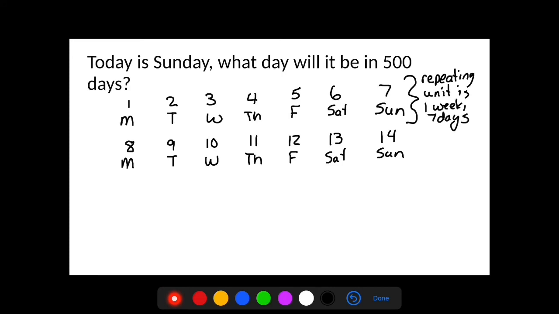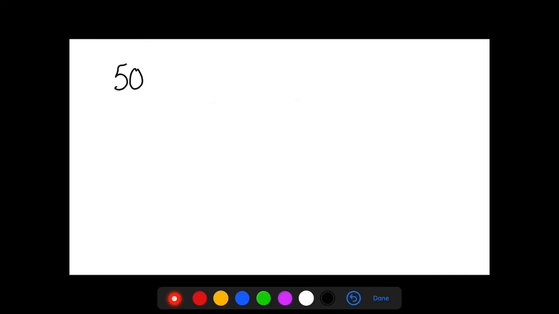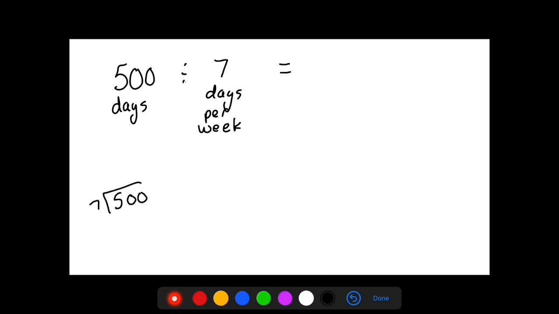So I want to look at how many sets of 7 days are there in 500 days. 500 days divided by 7 days per week or 7 days per repeating unit. Let's do that calculation on the side here.